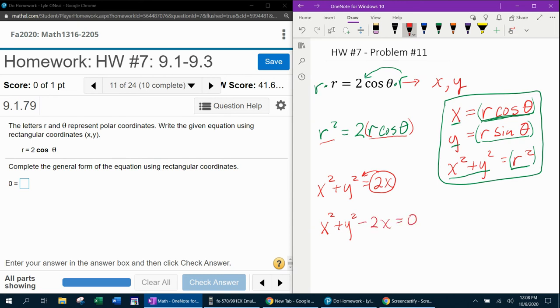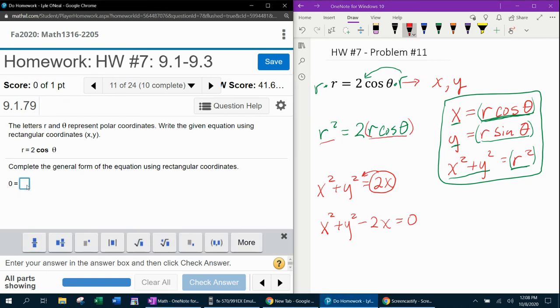And now it's equal to 0. And now I simply need to input that and see if I'm right. So x squared plus y squared minus 2x. Fingers crossed.